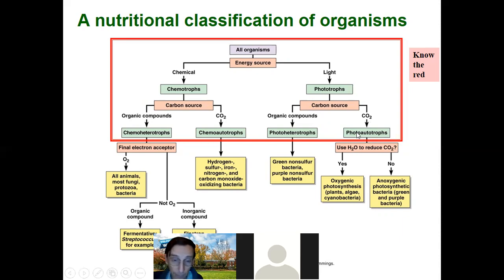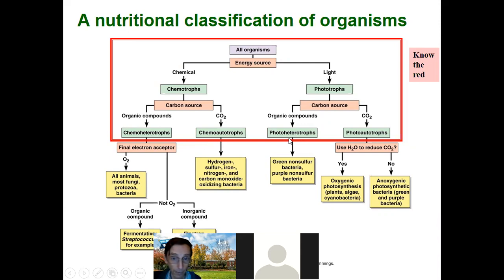You have probably heard of the chemosynthetic bacteria. The chemoautotrophs can be chemosynthetic bacteria, but you do have to realize that there are some chemosynthetic bacteria which are also chemoheterotrophs. So the chemosynthetic bacteria are split between the chemoheterotrophs and the chemoautotrophs.